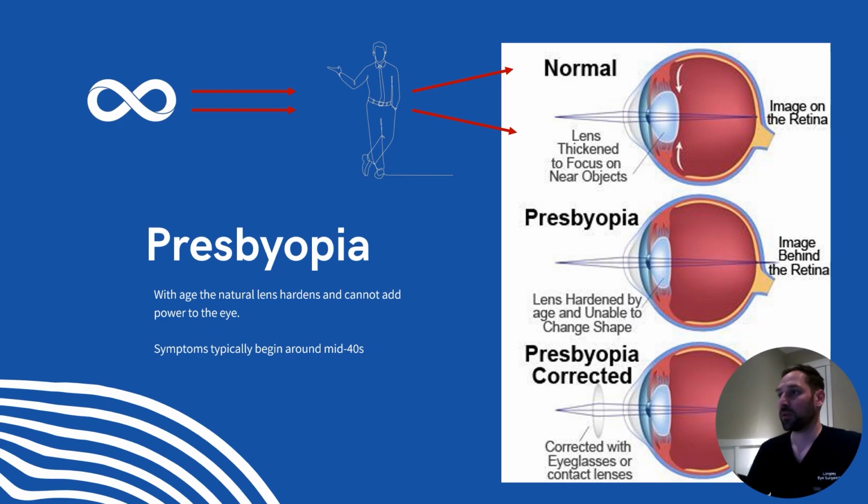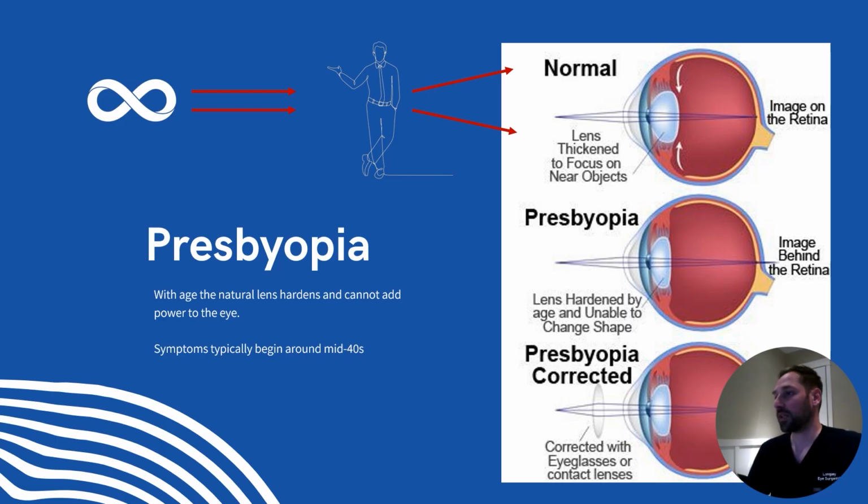Okay, so in presbyopia, even if the eye was totally normal and emmetropic, light rays that are close to the front part of the eye are divergent, and the eye has to add sufficient power through the lens in order to focus it on the retina. Remember, this eye was set up to be able to focus light that was coming in parallel. It has to work harder when the light is divergent entering towards it, and that comes through the lens.